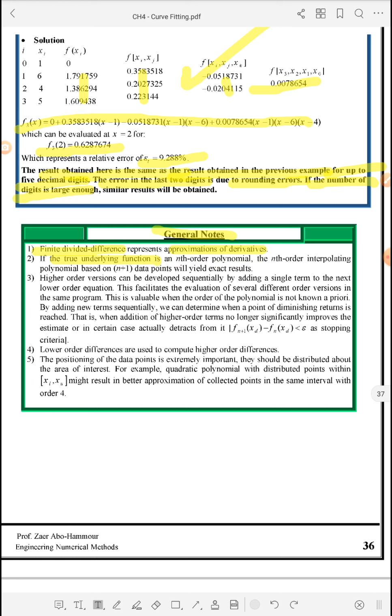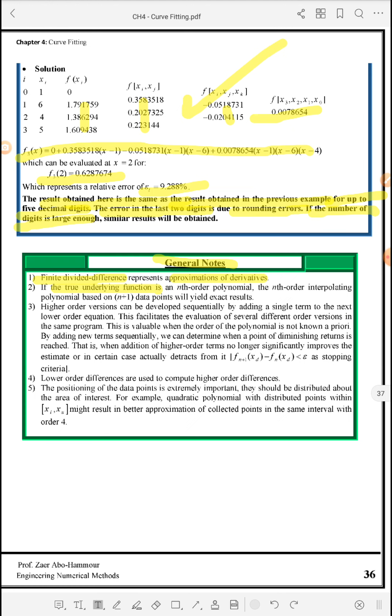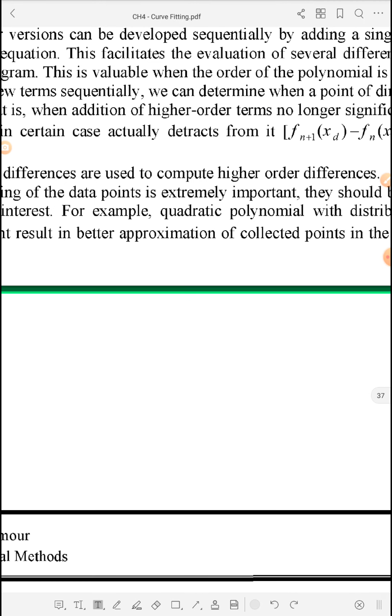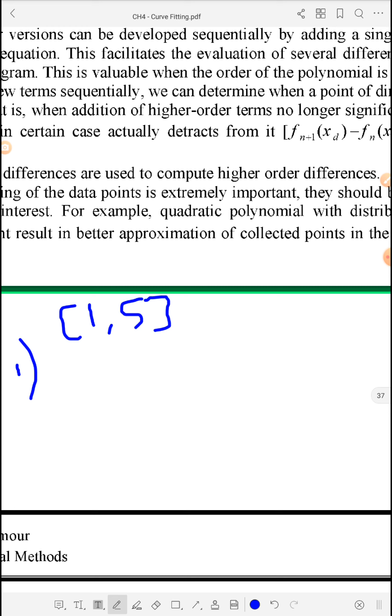So we have a certain function that we will sample within the range between 1 and 5. And for this purpose, we have generated two cases.